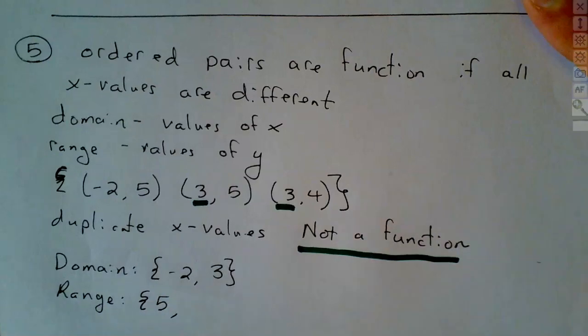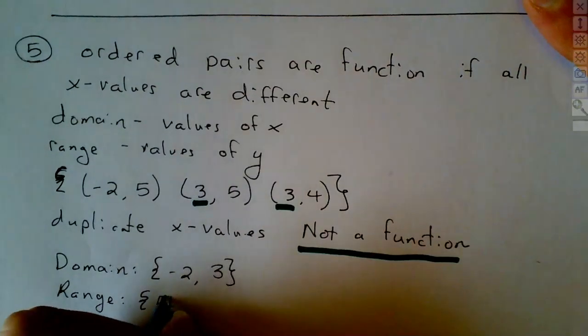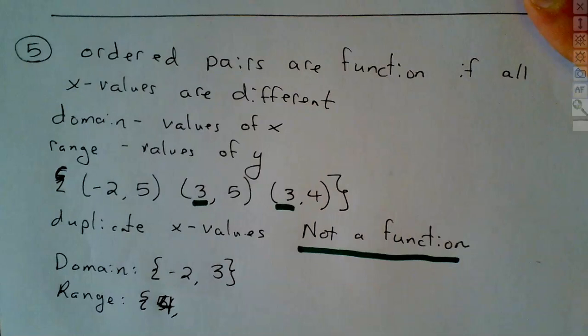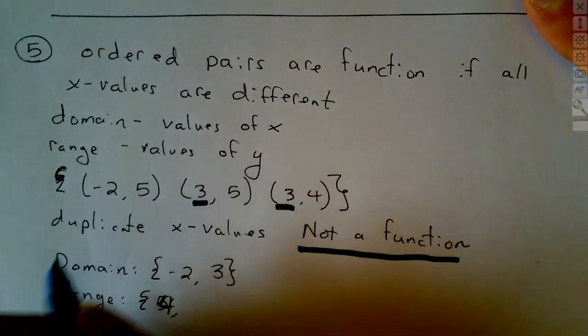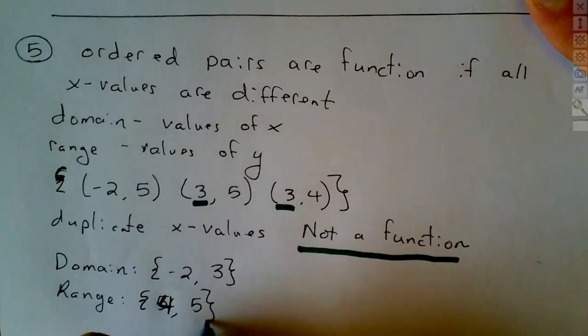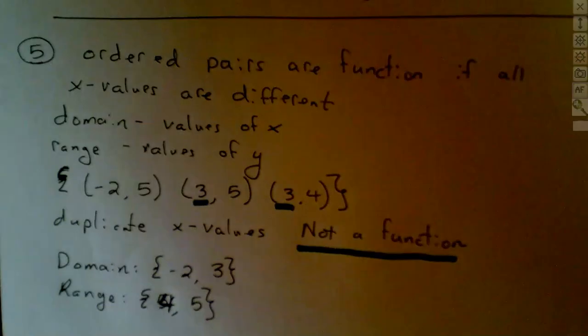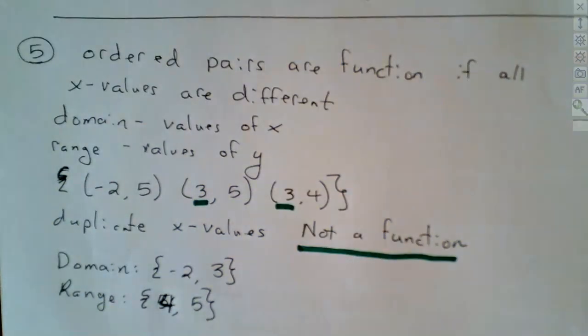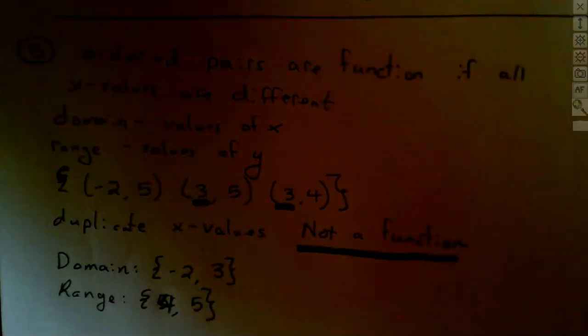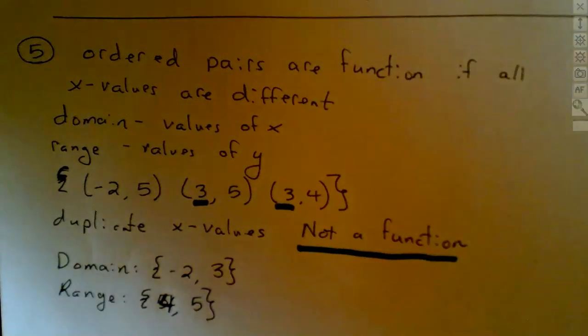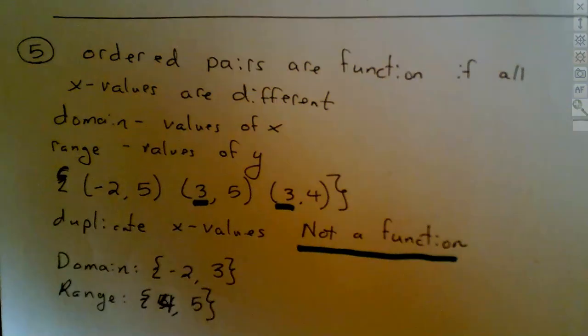We only write it once. Oops, sorry, we'll do the 4 first. My mistake there. Smaller number goes first, so that's going to be a 4. 5 is next. The 5 is duplicated, but we only write that duplicated value one time. So your range would be then 4, 5, and we don't use parentheses, we use curly brackets.